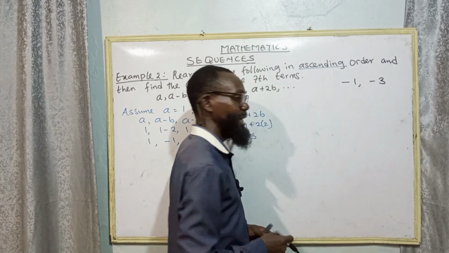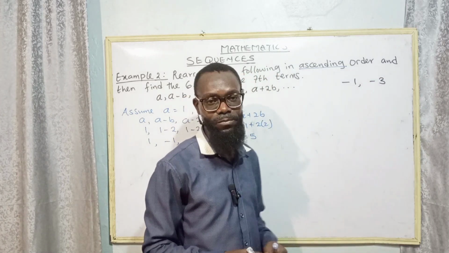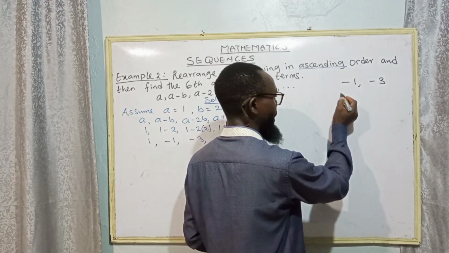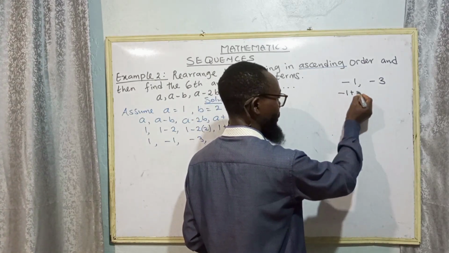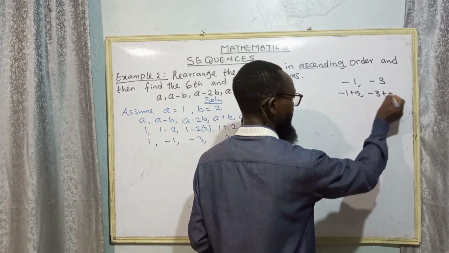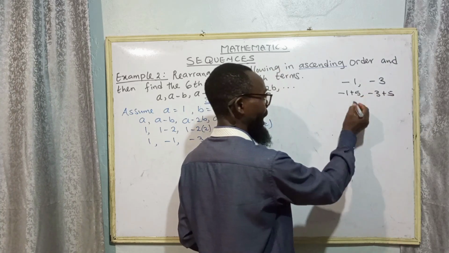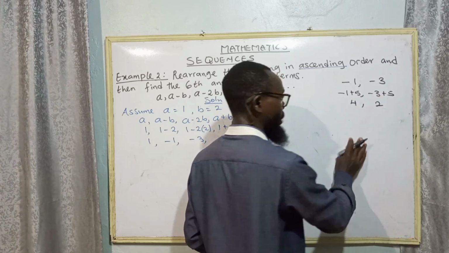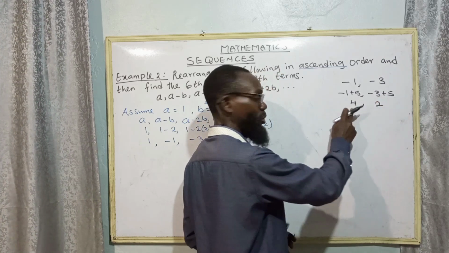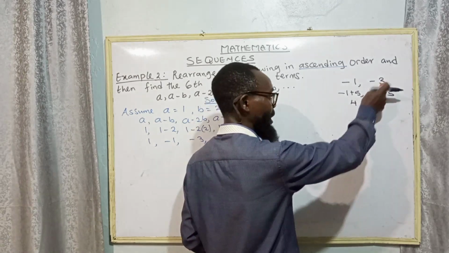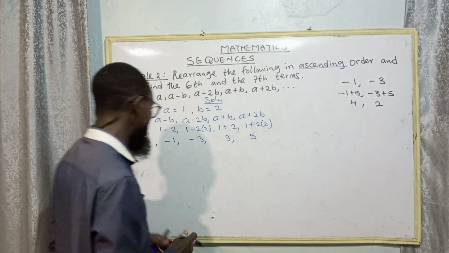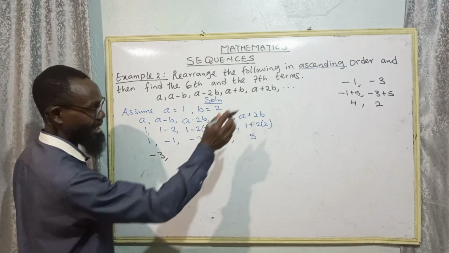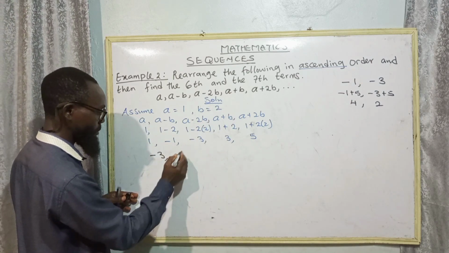Let us add a number that is larger than them in order to change them to positive numbers. Let's see, addition of 5. Minus 1 plus 5 and minus 3 plus 5. Minus 1 plus 5 we have plus 4. Minus 3 plus 5 we have plus 2. You can see that 2 is smaller compared to 4. Definitely minus 3 is smaller compared to minus 1. So the smallest number here is minus 3, then followed by minus 1.